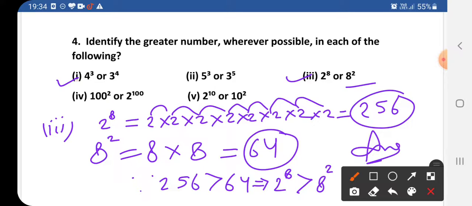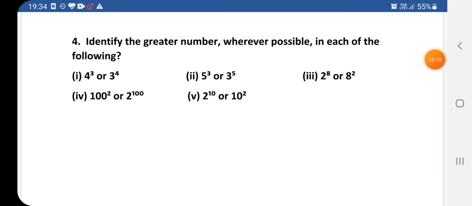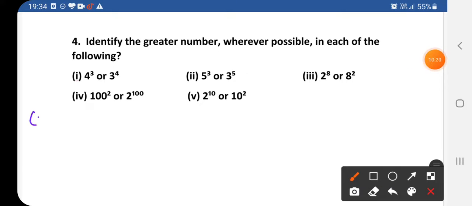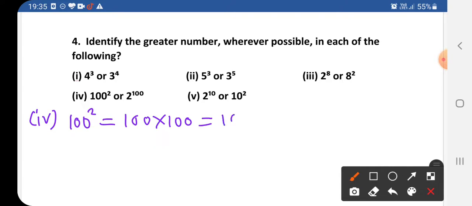Clear? I am doing one more part. Part 4th. Here it is 100 square, which is equal to 100 into 100, which is equal to 10,000. Okay, is it clear? Now 2 to the power 100.